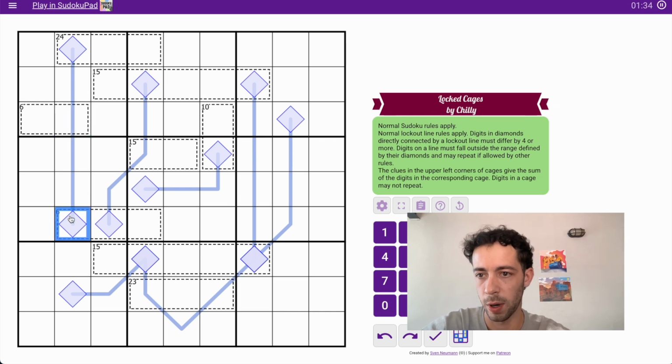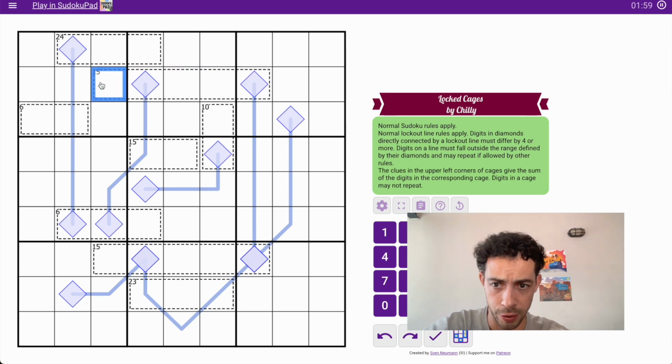So we can't have a 1 in the diamonds, because we can't exclude 1. Well, you could exclude 1, but the range is going to be 4, so that's the issue. So this must be at least 2, 6, but it could also be higher.